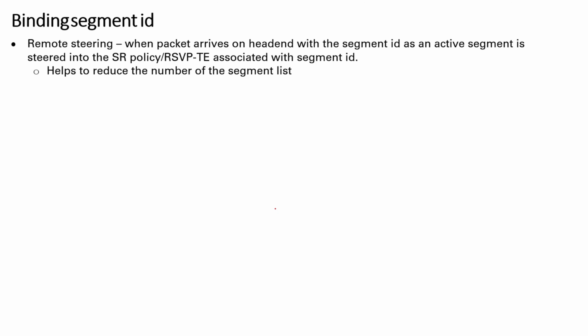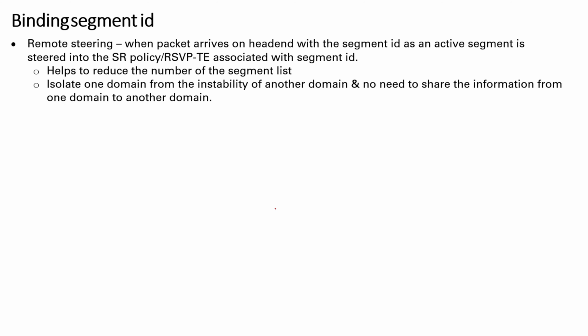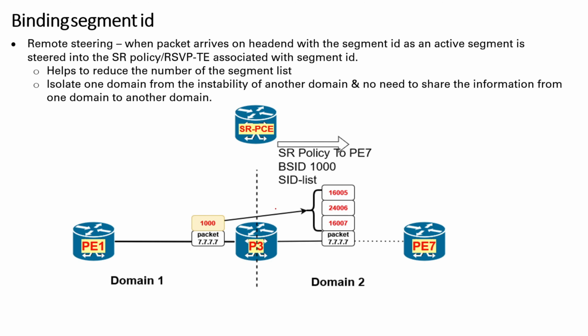It helps to reduce the number of segments in the list. It isolates one domain from the instability of another domain, and there is no need to share information from one domain to another. So let us see with the help of this diagram.